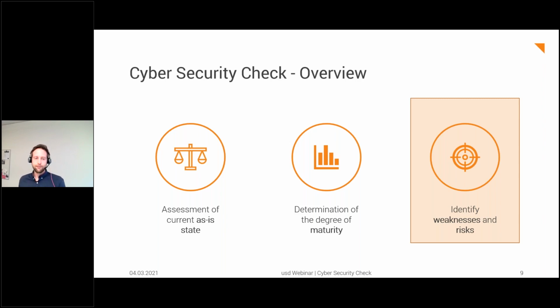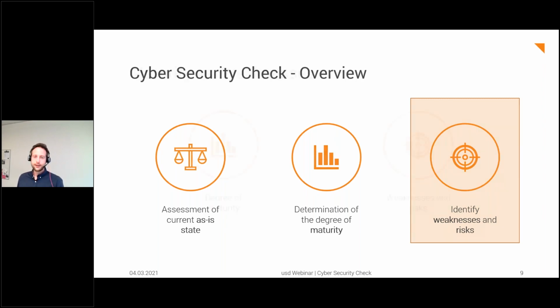So these are the core principles that are working here. We are doing an assessment, and this assessment will lead to two results. One is the cybersecurity maturity degree, and the other one would be some kind of overview, some kind of list maybe of certain weaknesses and risks.